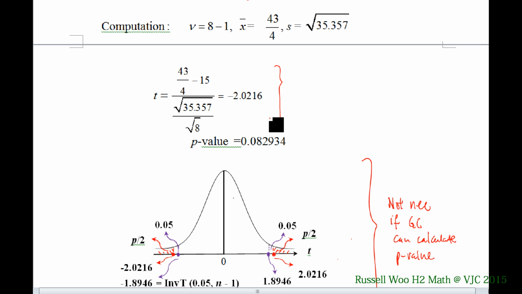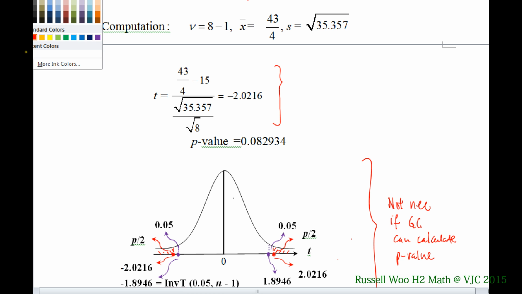Think what I want to say. In your z-test, you have a z value to decide whether that z value falls in the rejection region or not. Correct? Typically, no need to copy. I'm just saying. I draw here, but you don't need to draw.